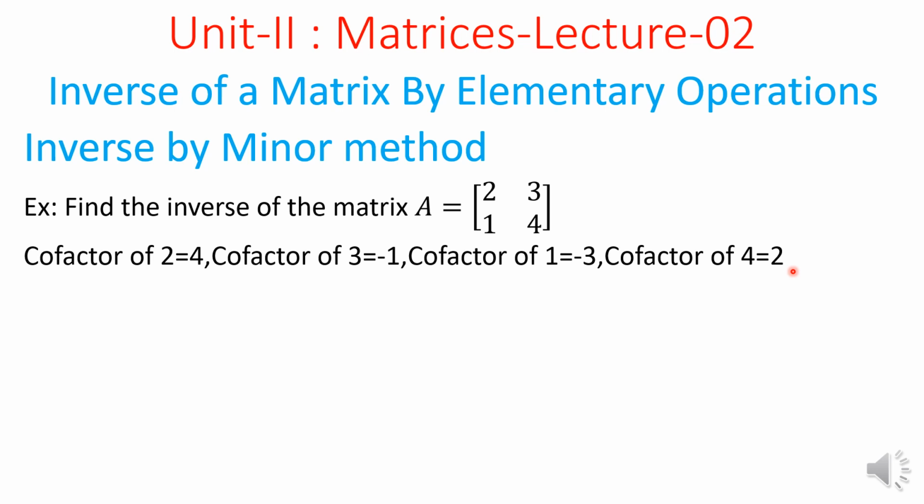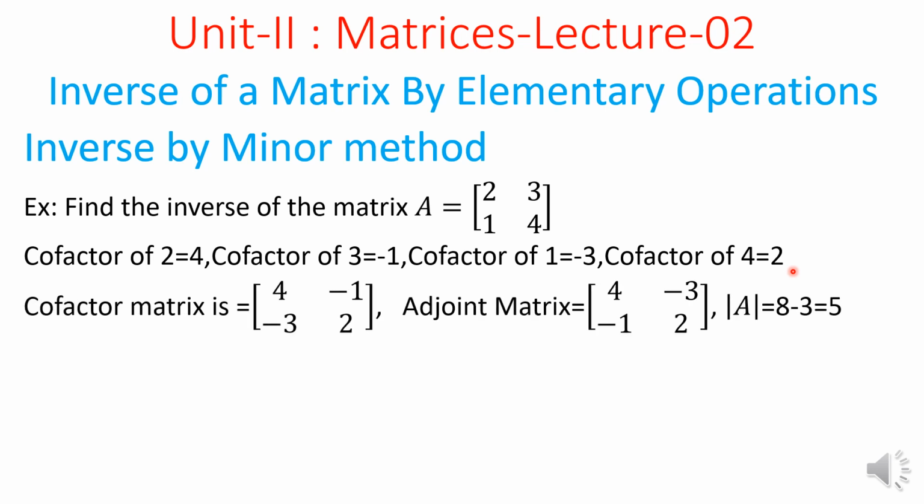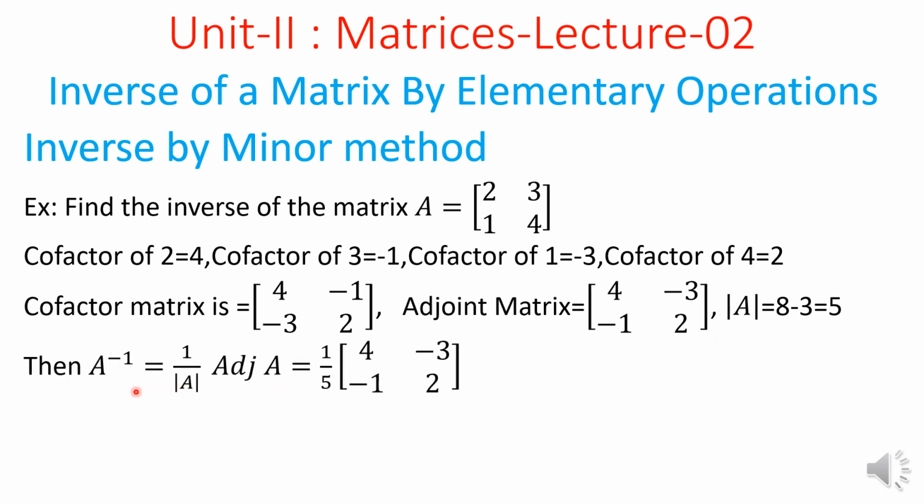After writing all the cofactors, you write the cofactor matrix, and you transpose that cofactor matrix to get the adjoint of that matrix, and then you find the determinant of that matrix. Then you use the formula A inverse is equal to 1 divided by determinant of A into adjoint of A. So this is what we get, 1 by 5 into this matrix. This is how you find the inverse of this matrix.